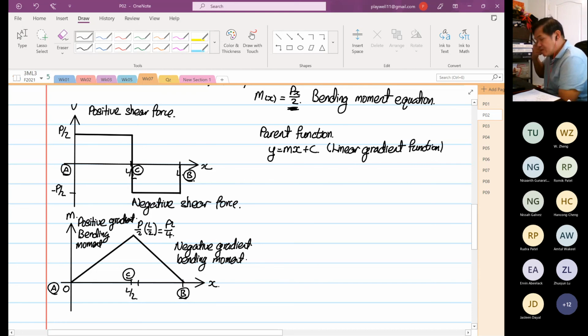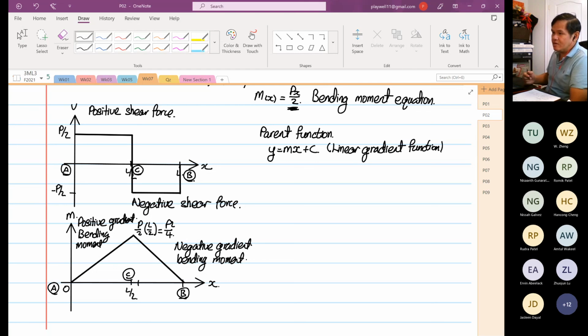Can someone tell me what is the relationship or what is the trend that you see in the bending moment diagram and shear force diagram? Can you see two very similar things from 0 to L over 2 and L over 2 to L?